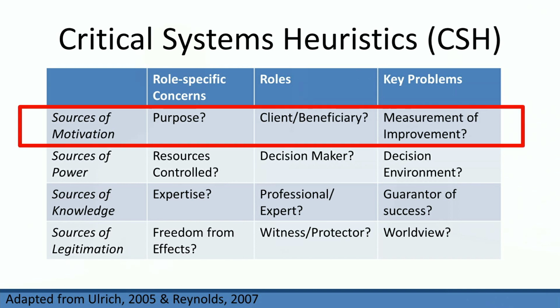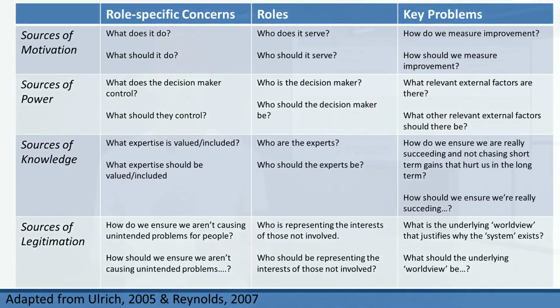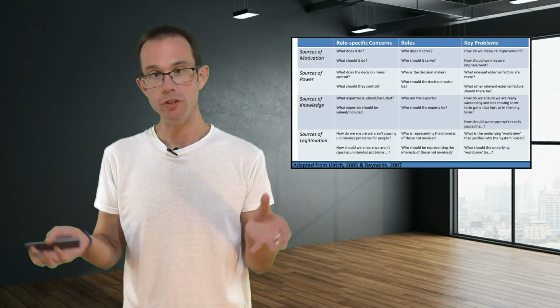I won't go through all of these, I just want to go through the top column here. Because you could imagine that sources of motivation are going to vary by different stakeholders, right? As a patient, I'd think blood tests have a different purpose to perhaps the clinician. I might have a different view there. If you do look in the appendix, there's a whole set of possible questions that you could ask.